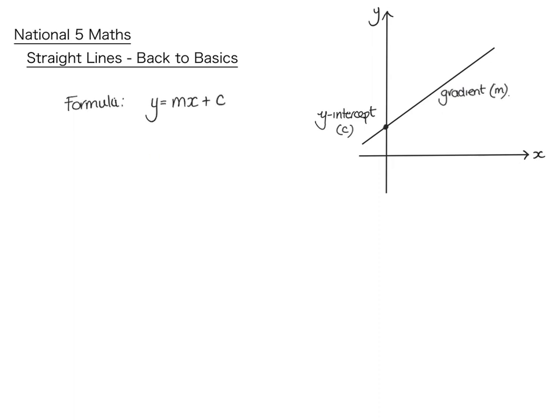So in this equation, our m and our c are numbers, and our x and our y are variables. So our x value can change, and for each x value we get a y value out. So we can create a line that we can draw through the points that we would get.